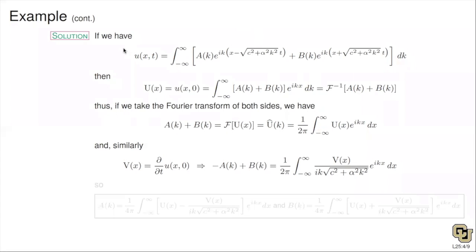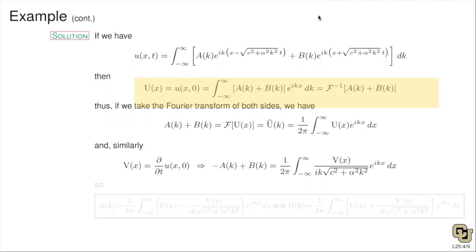So here I'm going to take the derivative with respect to t on both sides, bring the derivative inside, and then let t equal 0 and set the whole thing equal to v of x. And then work the transforms, just like up here, once we get it equal to the function.